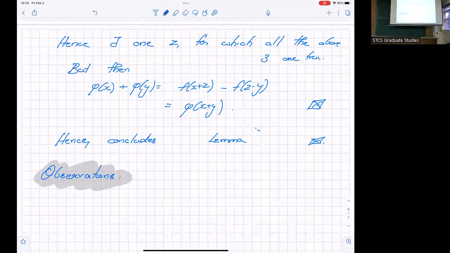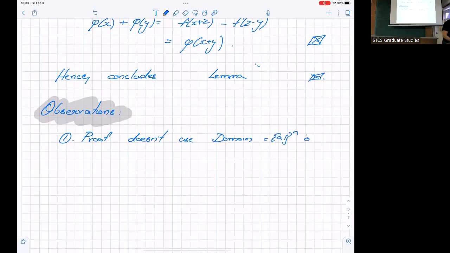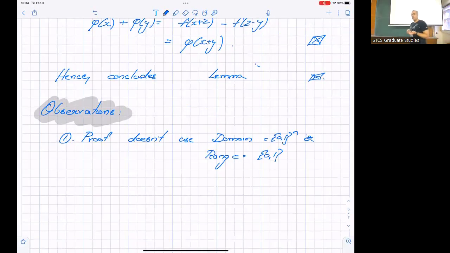There's nowhere in this proof where I have actually used the fact that the domain is 0, 1 to the n or the range is 0, 1. It neither uses the fact that it's a Boolean function nor that it is a function defined on the Boolean hypercube.